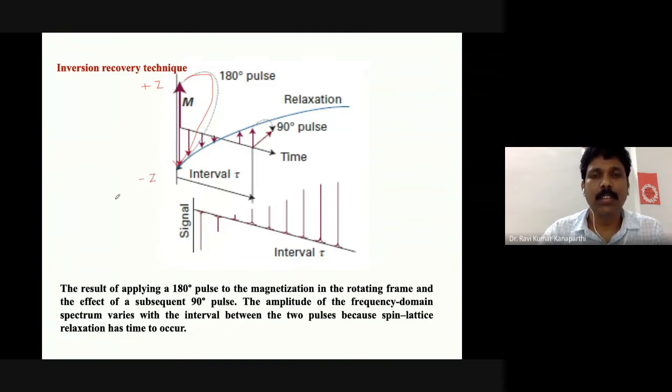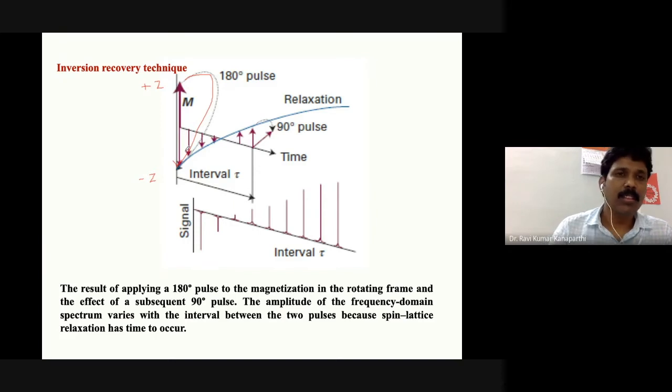Please remember, this is our x-axis and this is our y-axis, and there is one other direction as well. If you just leave it after applying the pulse, it takes an exponential path and slowly comes back to the original position, which is this one.